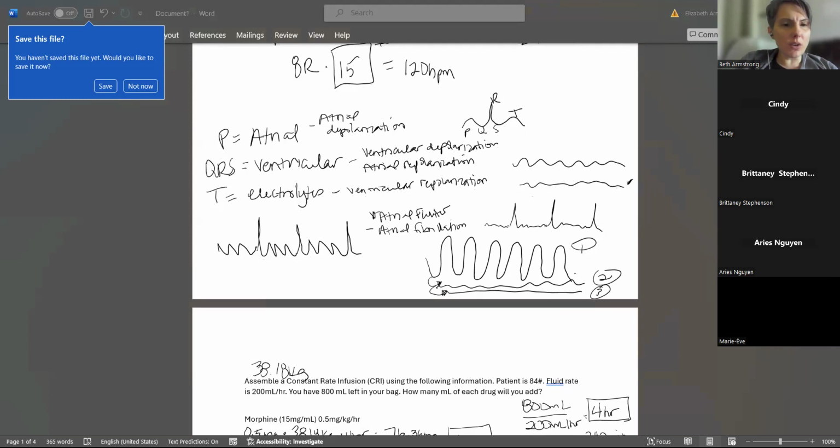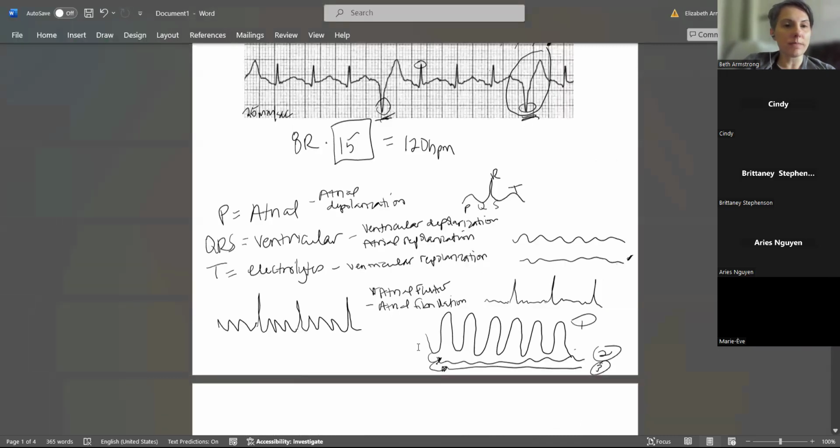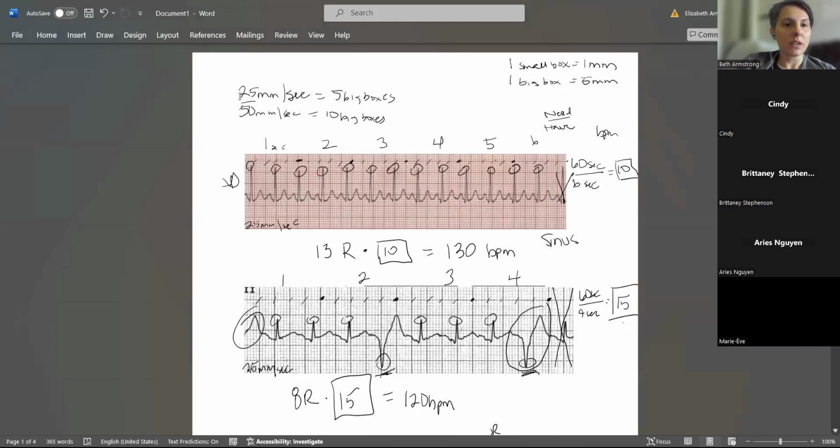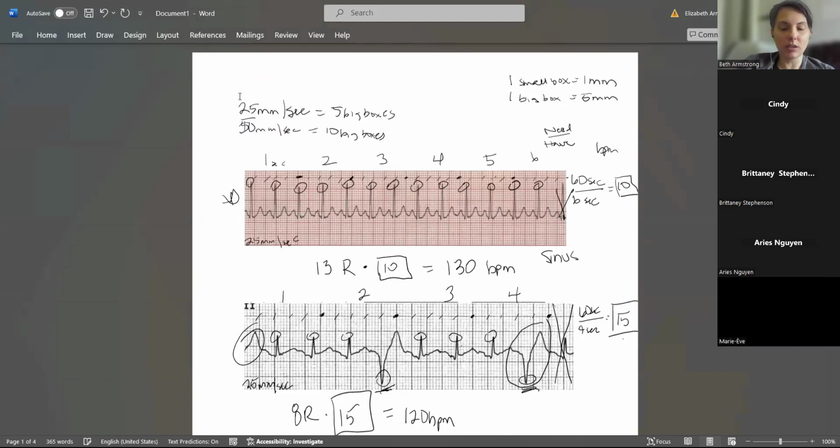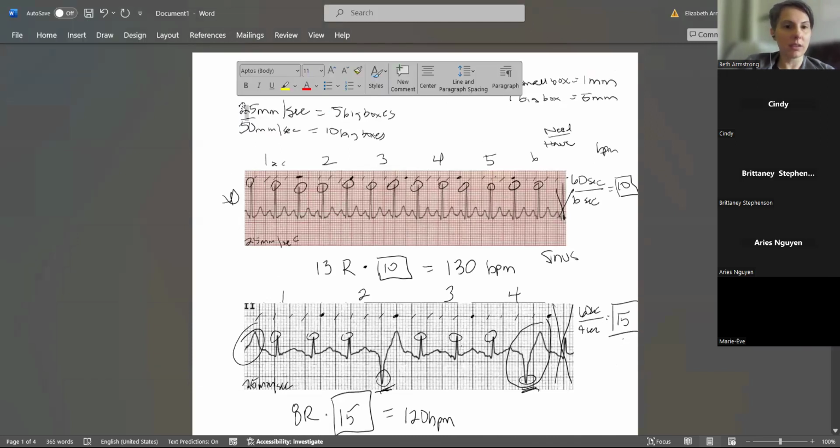Okay. So I want to go over one thing really quick with you guys, because I know some schools don't do this either. And this is for anesthesia math per se.